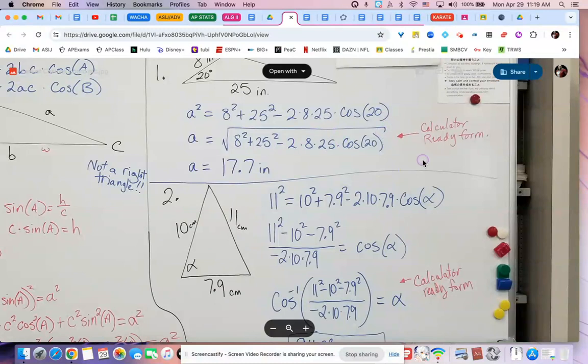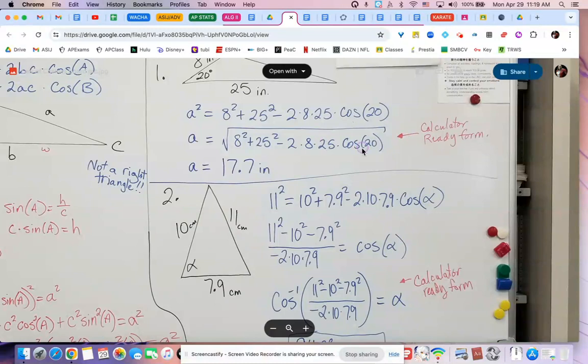And that's why you're going to see on your test, and you'll see it on the last test we took, that we ask for calculator ready form, meaning it's ready to just type into your calculator in one big step and get your answer and you're done. There's no rounding error. There's no averaging.